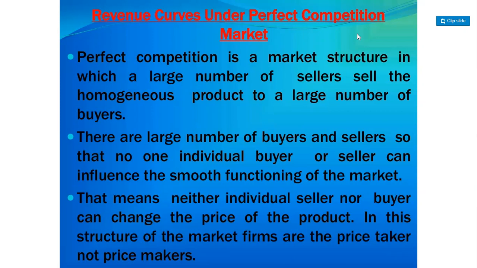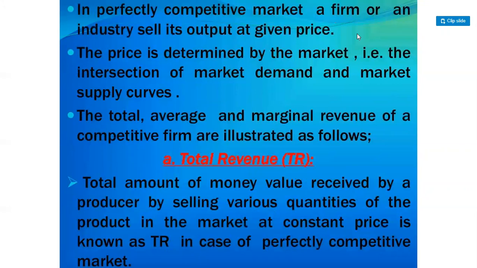That means neither an individual seller nor a buyer can change the price of the product. In this market structure, firms are price takers, not price makers. A firm or an industry sells its output at the given price. The price is determined by the market, whatever price is available in the market.